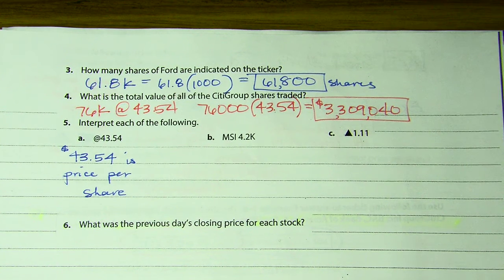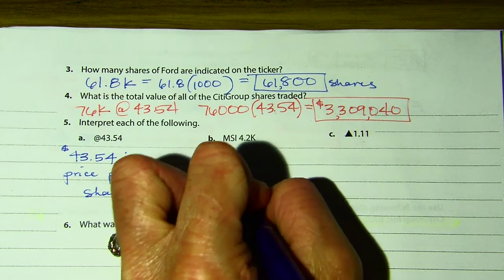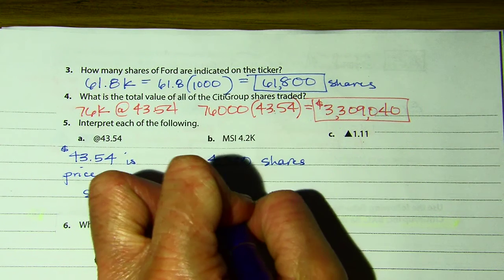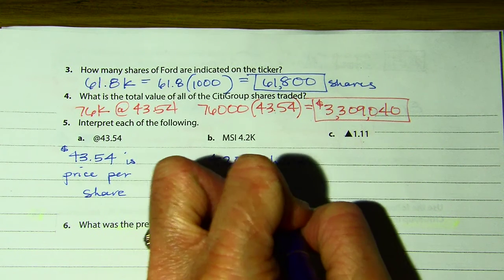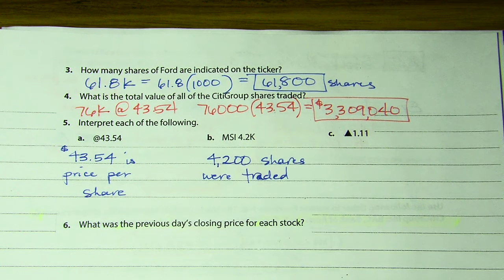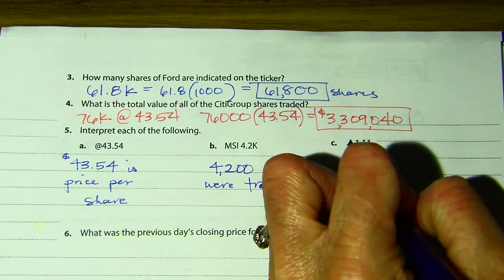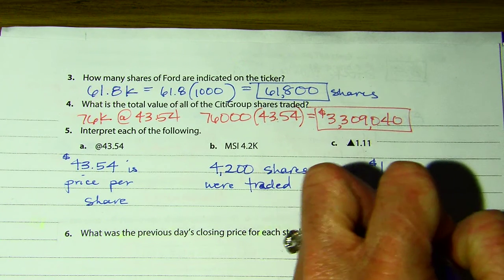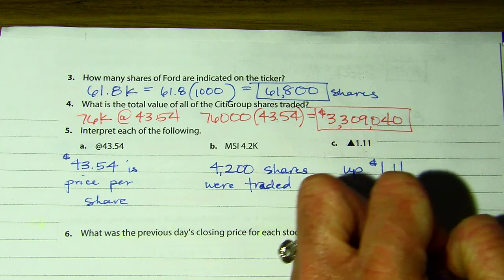MSI 4.2K means 4,200 shares were traded. And the up triangle 1.1 means that it's up $1.11 from last closing price.